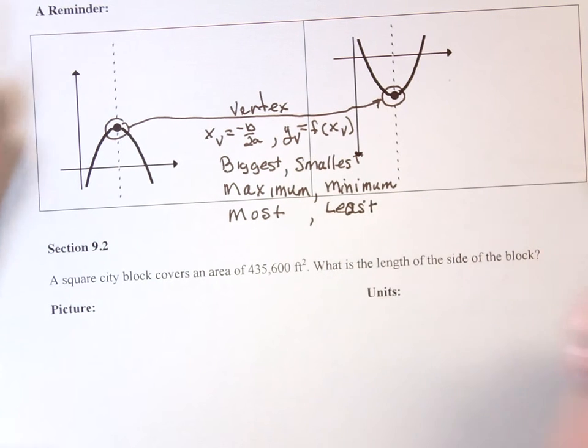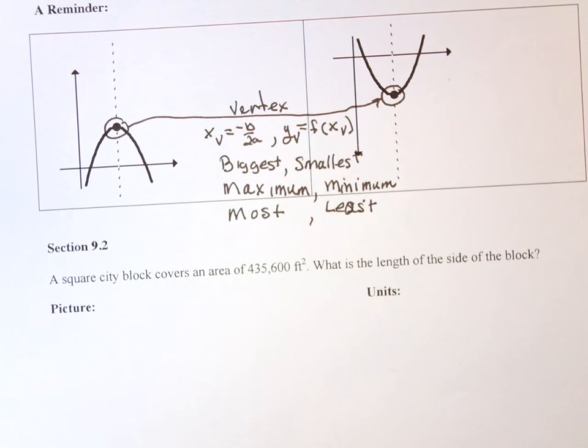You're looking for extremes. When it says find the maximum profit, you're looking for the vertex. Find the minimum cost, you're looking for the vertex. Maximum and minimum always attached to the word vertex. Biggest and smallest attached to the word vertex when you're dealing with a parabola.